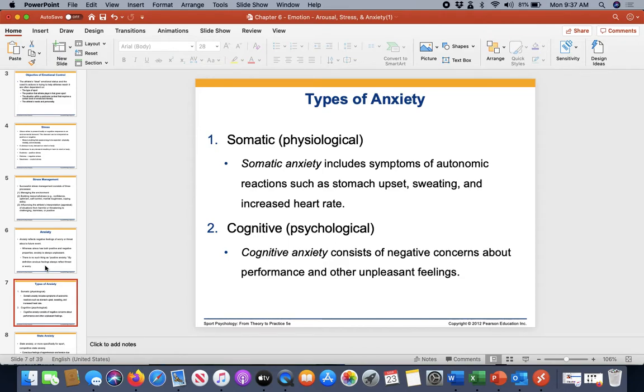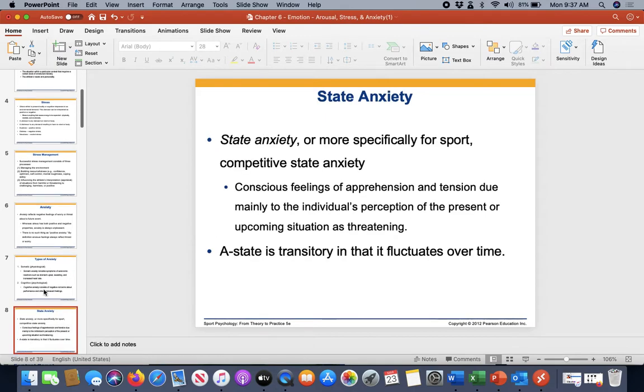So upset stomach, start sweating, increased heart rate, change in skin color, twitching, pacing, those types of things are more physiological. Whereas with cognitive, that's where you're going to constantly have that negative thought. You're going to always have that unpleasant feeling that's driving through the back of your head, okay?